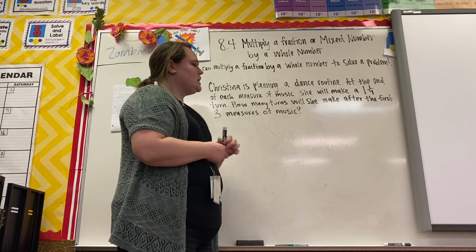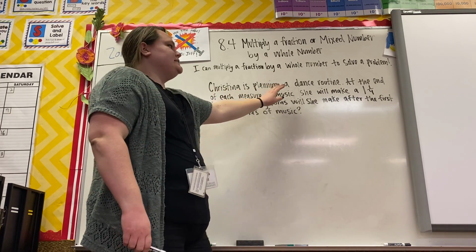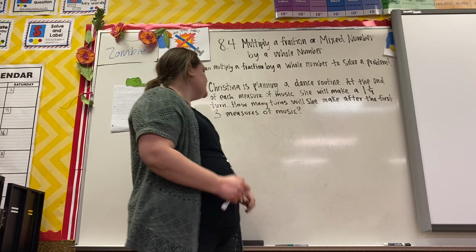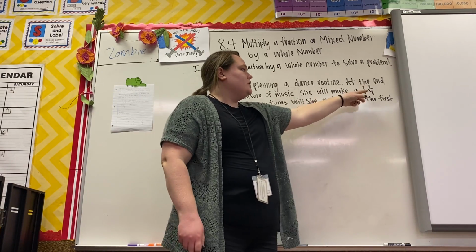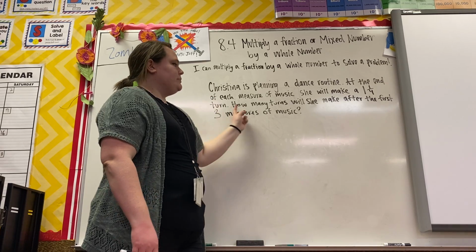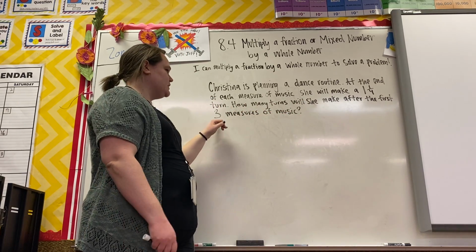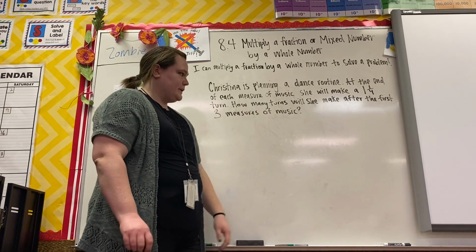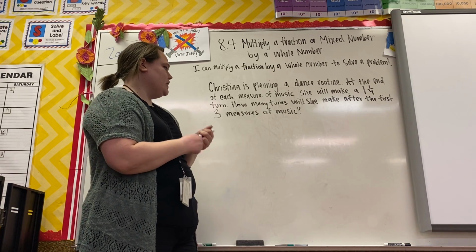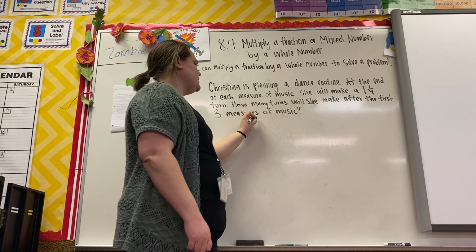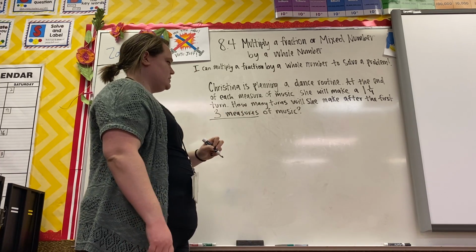You ready? Christina is planning a dance routine. At the end of each measure of music, she will make a 1 1/4 turn. How many turns will she make after the first 3 measures of music? So we want to find our important information. We want to know how many turns she'll do after 3 measures.